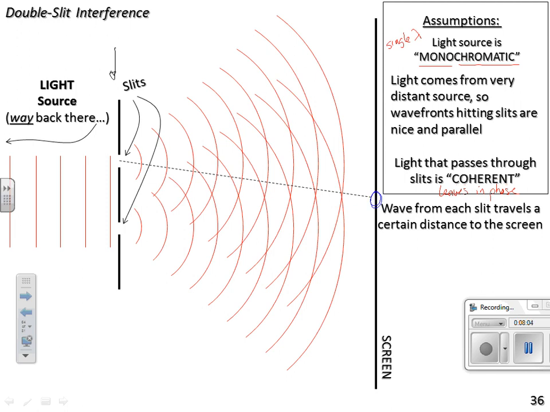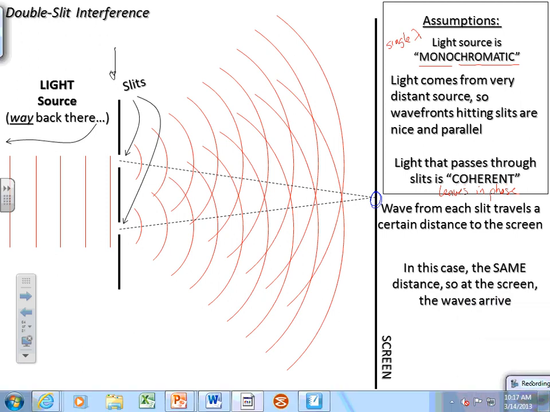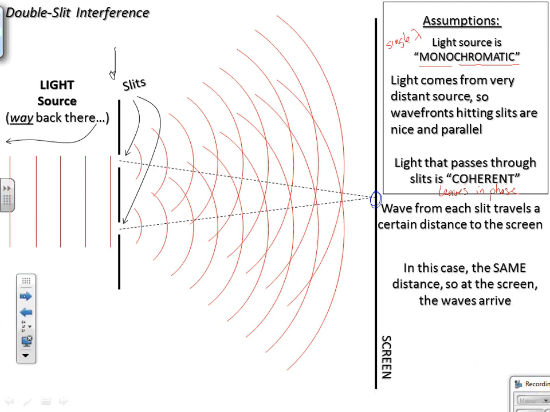Wave 1 has to travel some distance, represented by that dotted line. Wave 2 has to travel a certain distance represented by that dotted line. And what we can ideally see is that in this case, the two distances that the waves travel are the same.